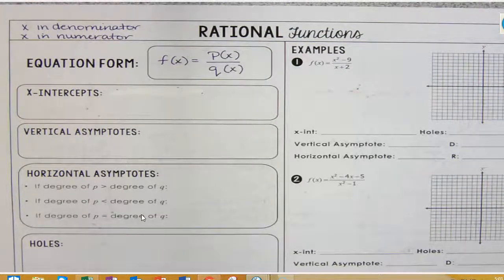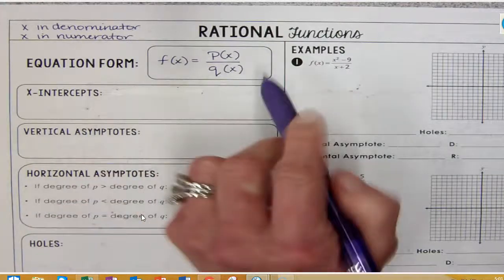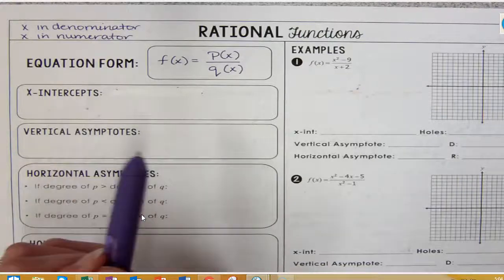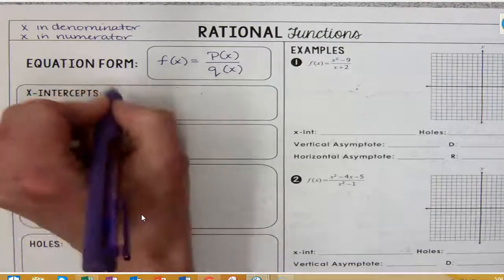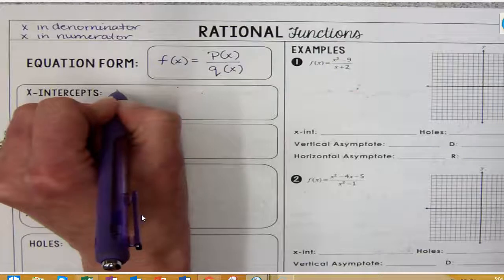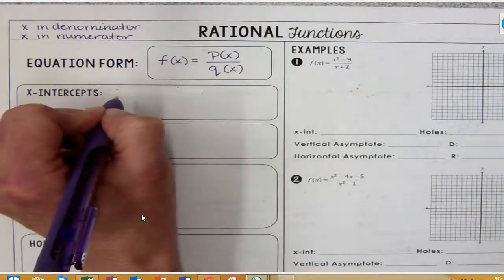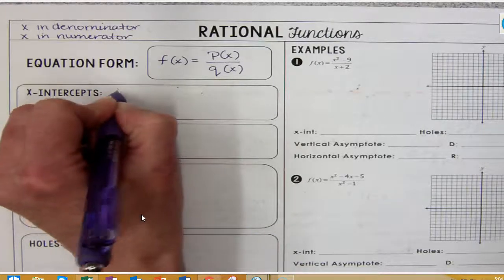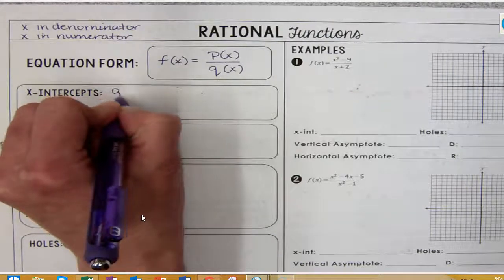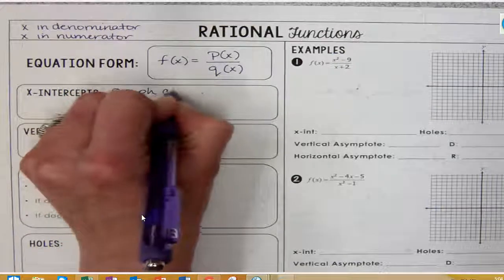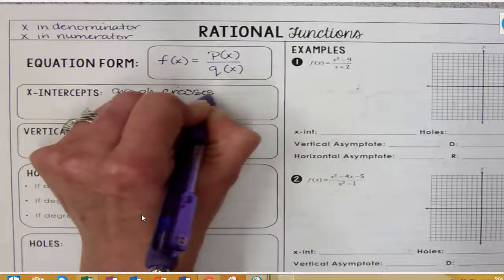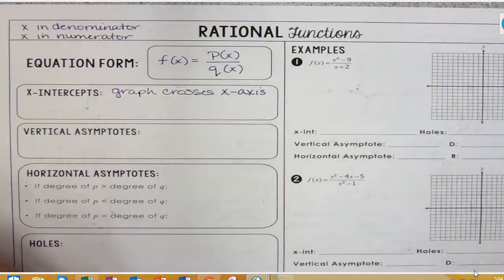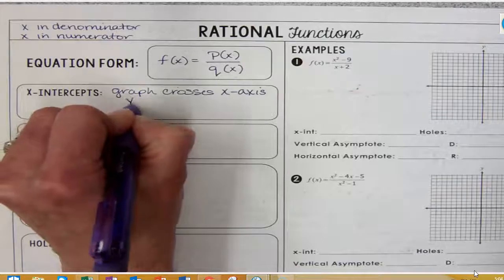This is different because we have an x in both the numerator and the denominator. Now let's talk about our x-intercepts. This is where the graph crosses the x-axis, and when that happens, y equals 0.